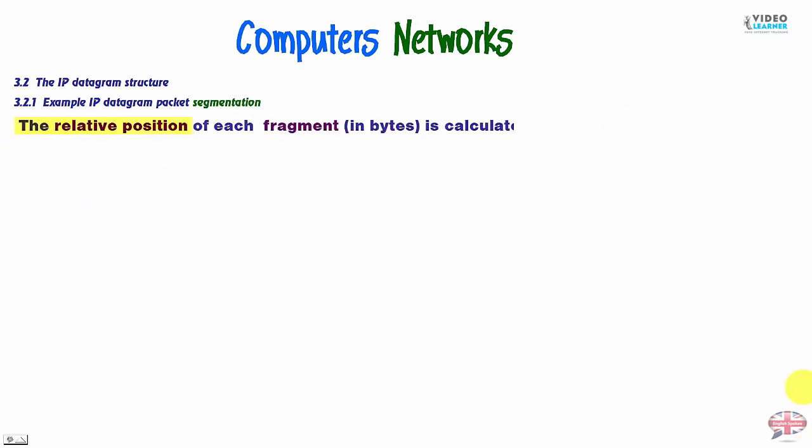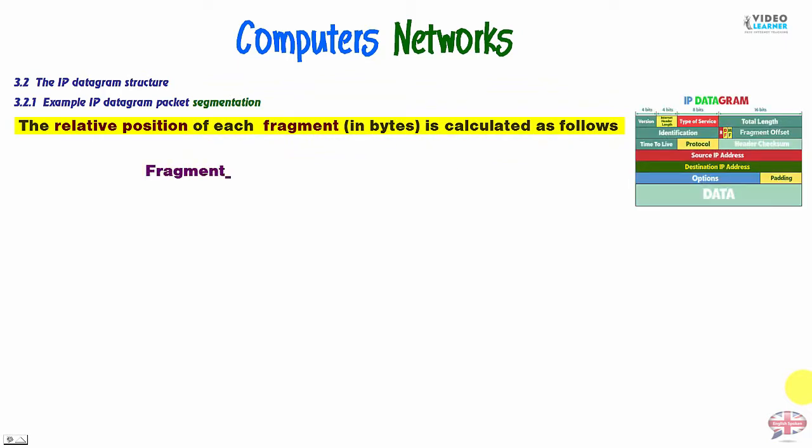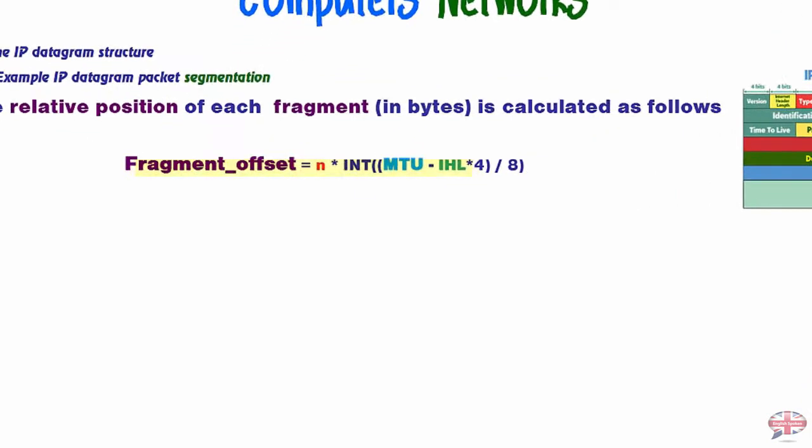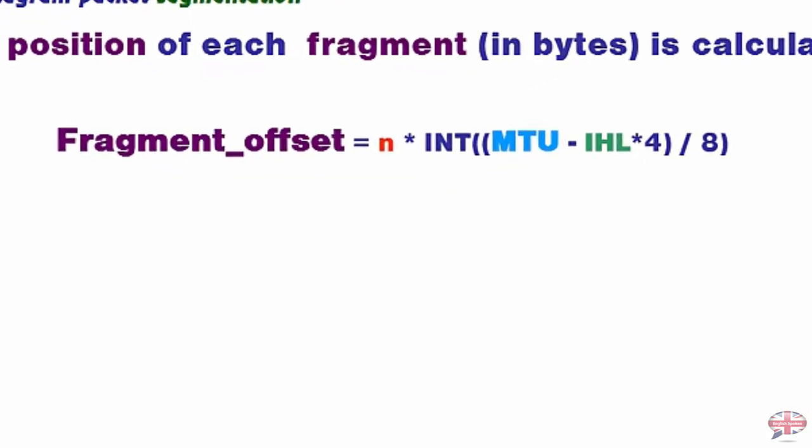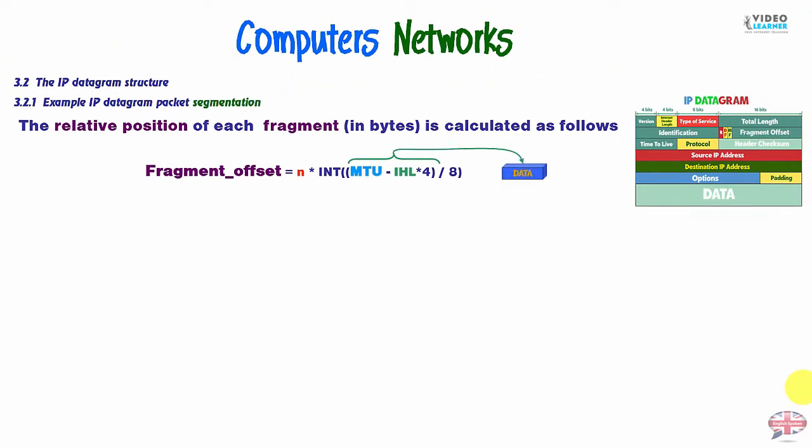Now the fragment offset, or the relative position of each fragment in bytes, is calculated as follows. We have fragment offset is equal to n times integer, and in brackets we have MTU minus 4 times IHL, and all of it divided by 8. This is clear data.